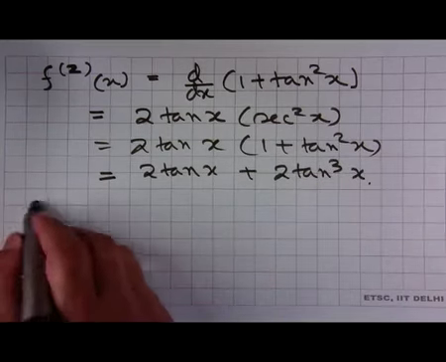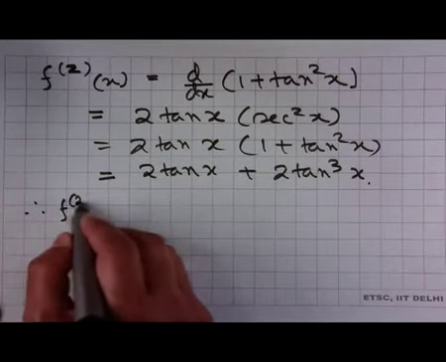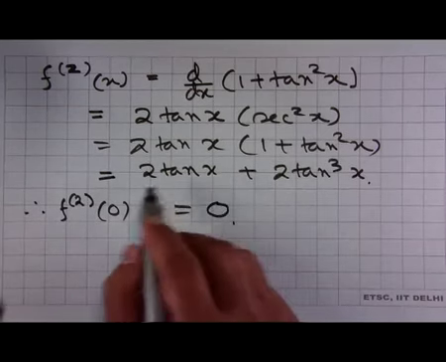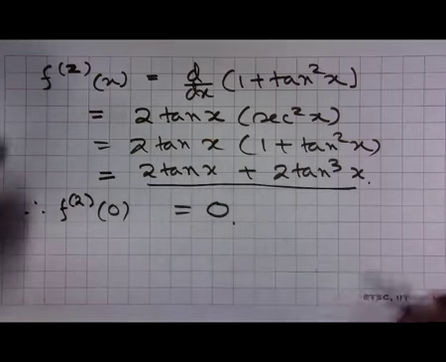Therefore, f 2 at 0 is again 0, but we needed this expansion so that we can go to the third derivative.